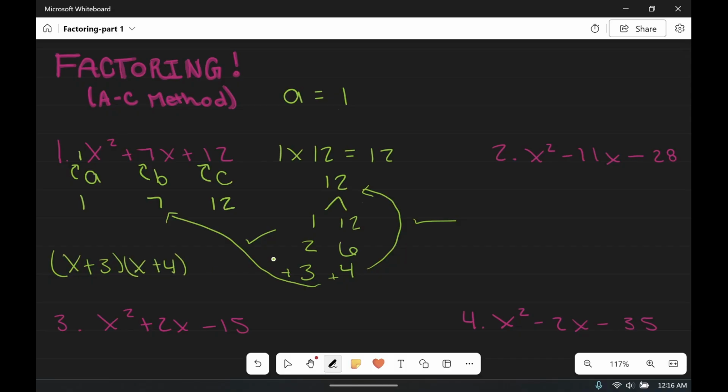See this plus 3 came right here, we put an x in front, and this plus 4 came right here. So our factors of the equation x squared plus 7x plus 12 are x plus 3 and x plus 4. And that's your very final answer for that piece of it.